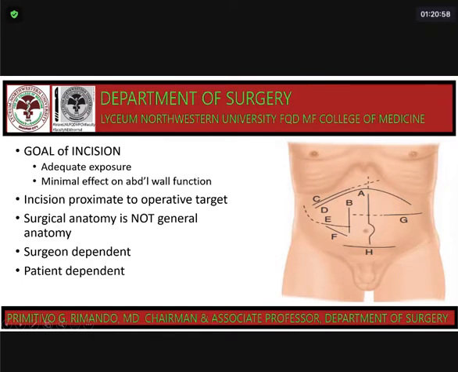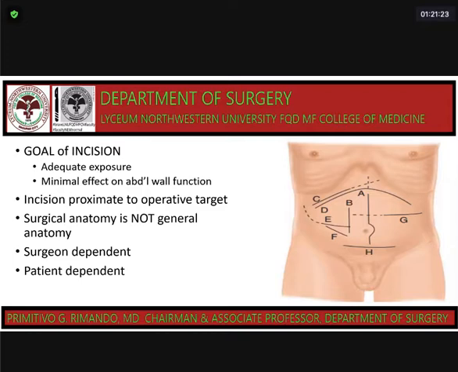What is the advantage of the paramedian? When you do a midline incision and you start to close, you're done with the surgery, so you start closing the abdomen. If you did the median incision, you will only be closing one layer, and that is your linea alba.